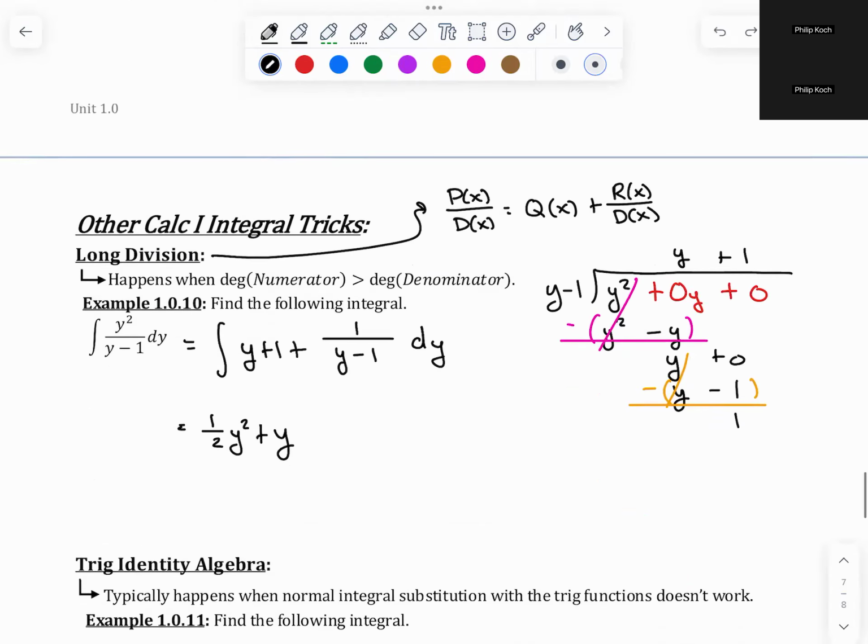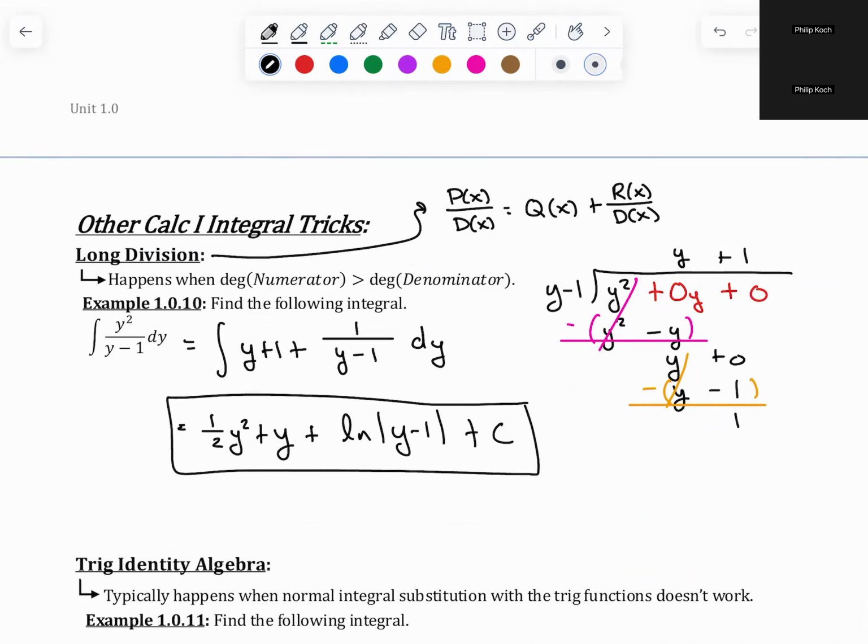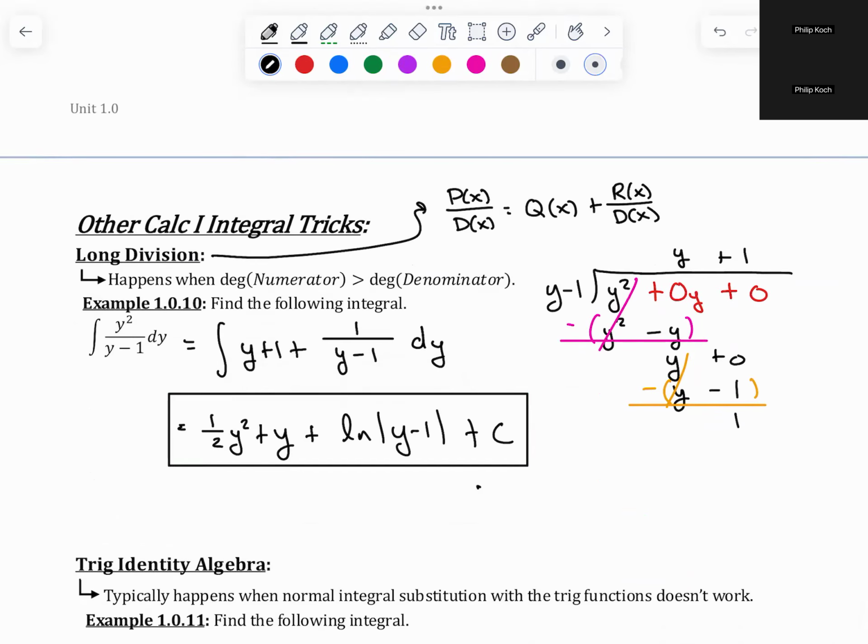So it's going to be 1 over 1, which is just 1. So plus natural log of the absolute value of y minus 1 plus a constant c. Any questions on that? It's okay if there are.